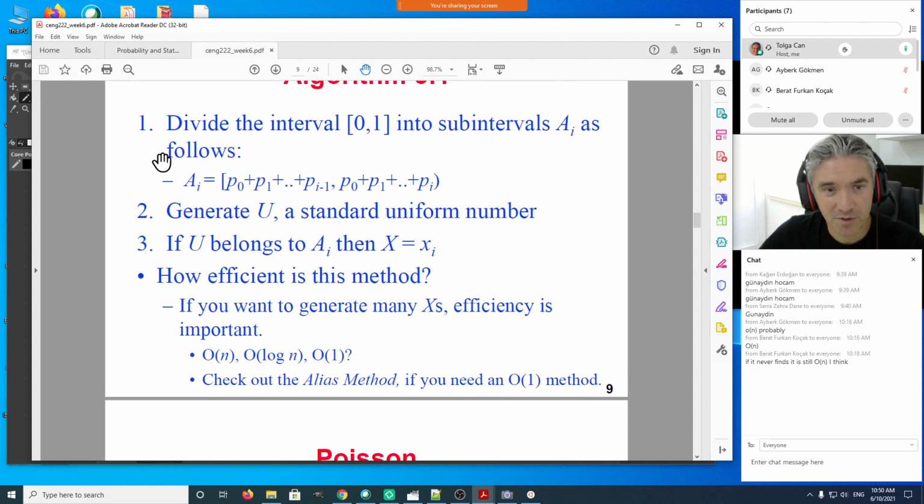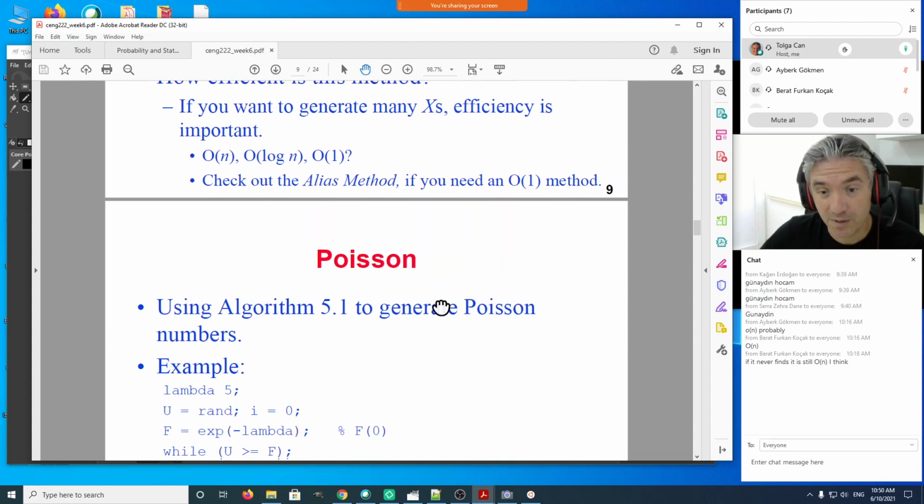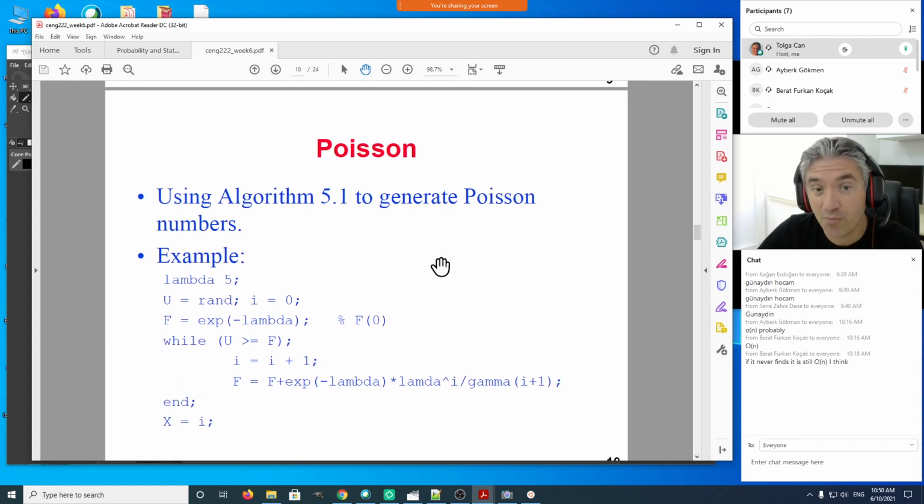So similar to this general method, there's an algorithm in the book to generate Poisson random variables. Although Poisson goes all the way to infinity, so its range is not finite. It gets values from 0 all the way to infinity. Okay, if you remember what Poisson was, it was related to the exponential, which was waiting times.